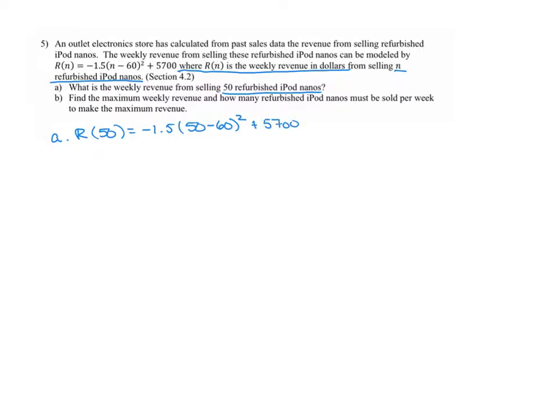And if we simplify, we want to use order of operations. So we get negative 1.5 times negative 10 squared plus 5,700. Negative 10 squared is positive 100.